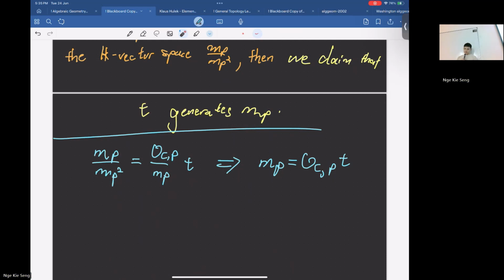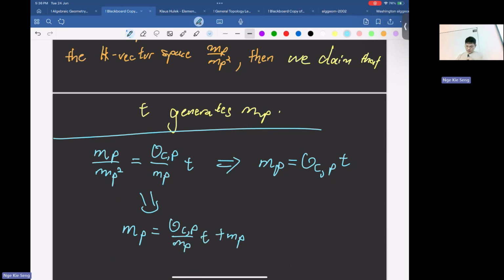Let's think about it. Can we do something like this? MP equals OCP times T plus MP squared. This is okay, right? In this quotient ring, an element inside MP must be this thing plus something inside MP squared.